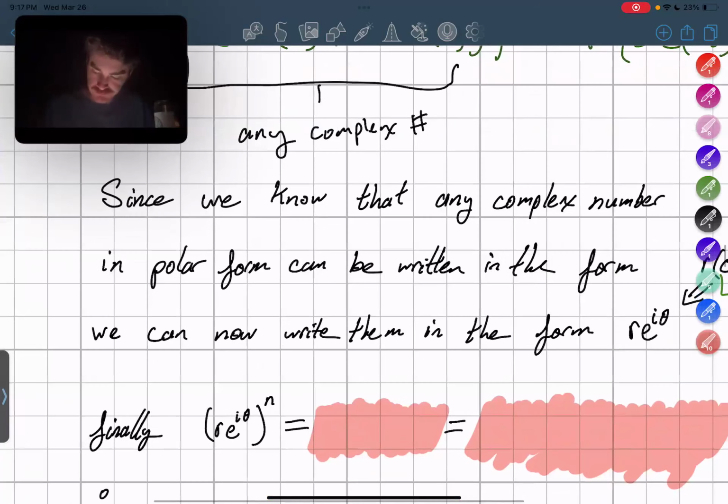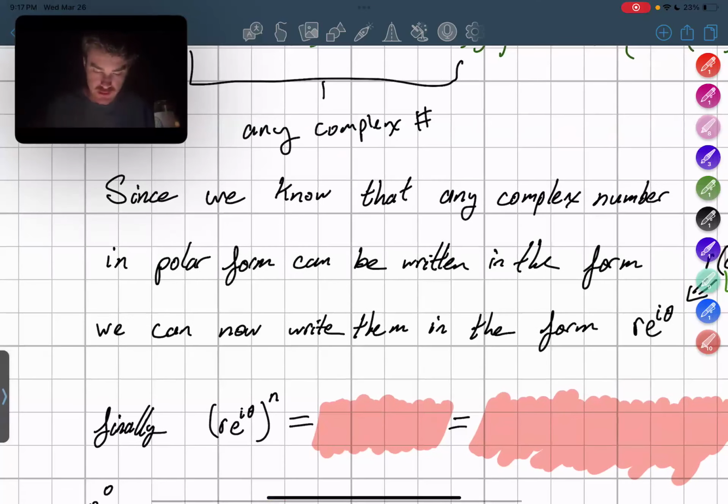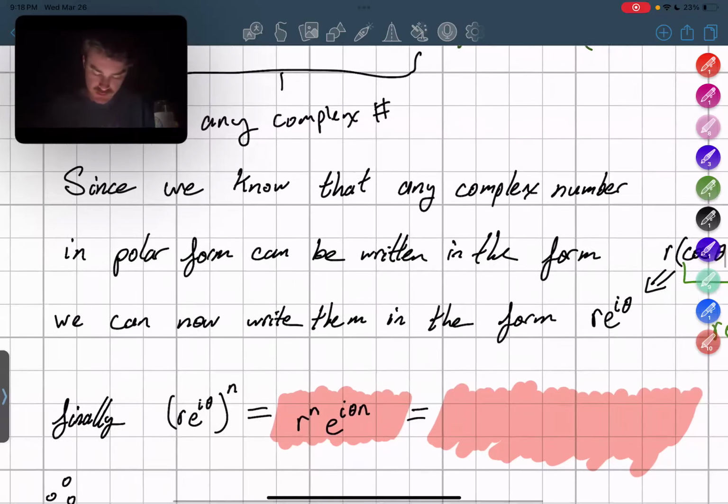So we just use a little bit of an exponent rule here, and we get that r e to the i theta, to the nth power, is going to be equal to r to the n times e to the i theta n. And if you remember power algebra, taking something to a power and then to an additional power is the same as multiplying, so we get that power just stuck in there.